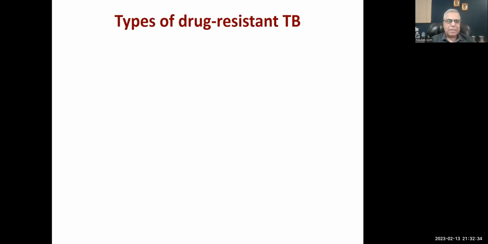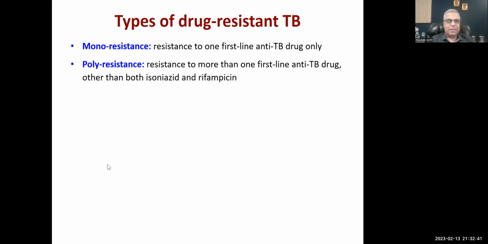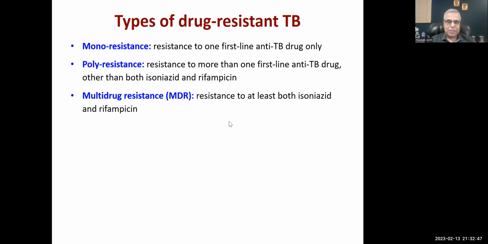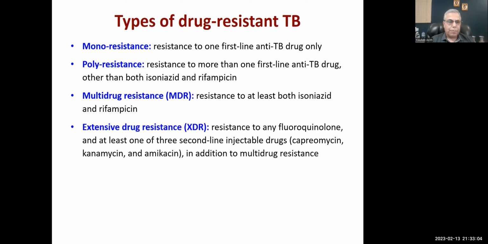But the next slide, monoresistance means resistance to one first-line drug. Polyresistance means resistance to more than one first-line antituberculous drug. Multi-drug resistance means resistance to at least both isoniazid and rifampin. So here it is one drug, and more than one first-line antituberculous drug, which includes pyrazinamide and ethambutol.